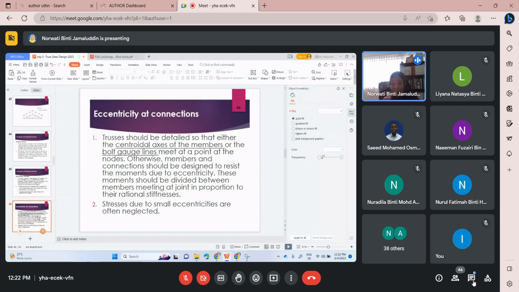That's why you will have eccentricity. You have load and then you have eccentricity. Moment will transfer to the node, sorry, load will be transferred to the centroid. We talk about centroid of connection, not centroid of your member. Do not get confused.